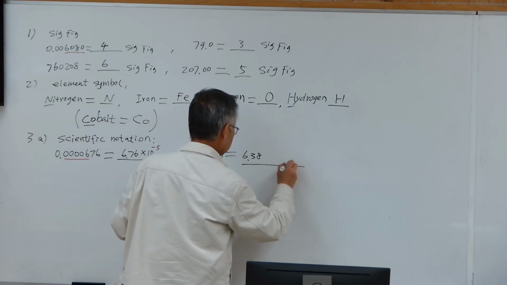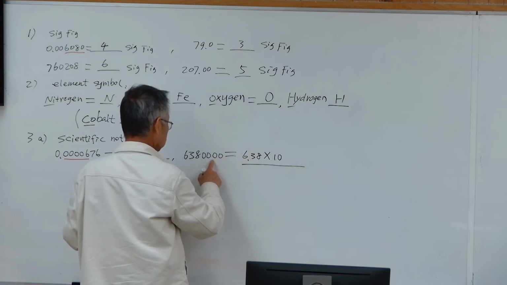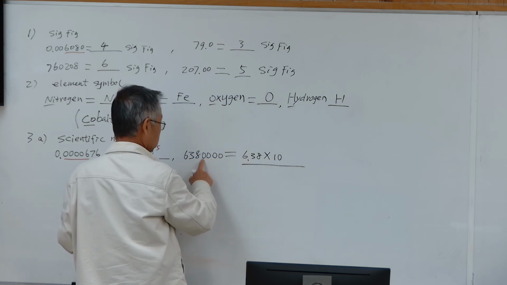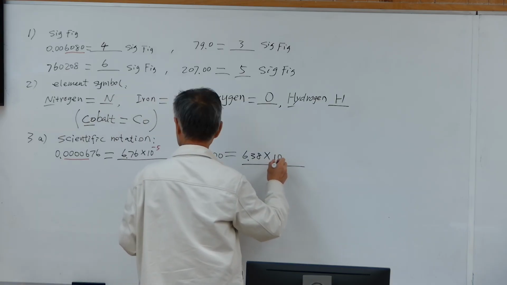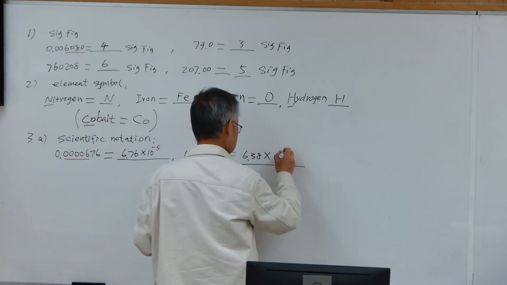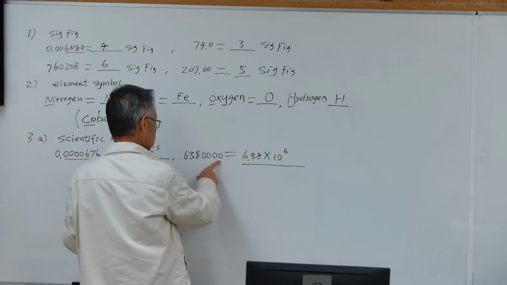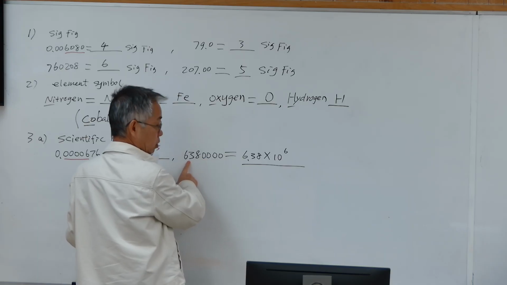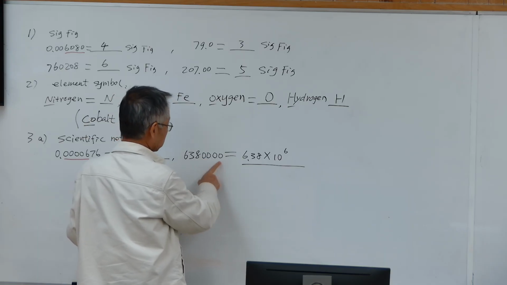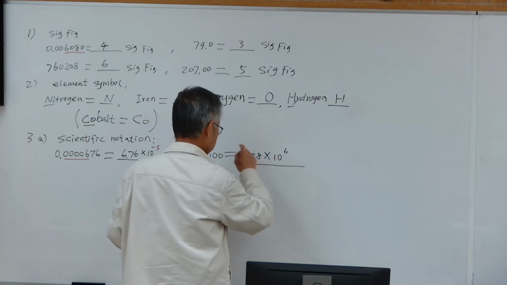Then you count how many places you moved: 1, 2, 3, 4, 5, 6. Move 6 places. But this 6 is a positive 6 because initially this is a big number, greater than 10. So this is a positive 6.